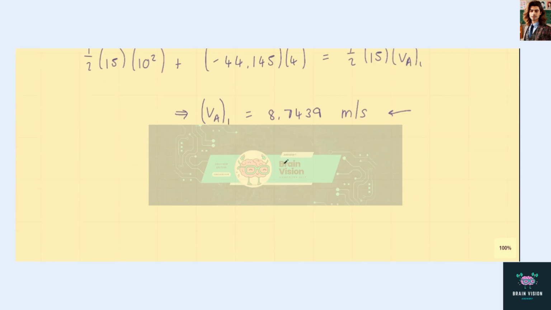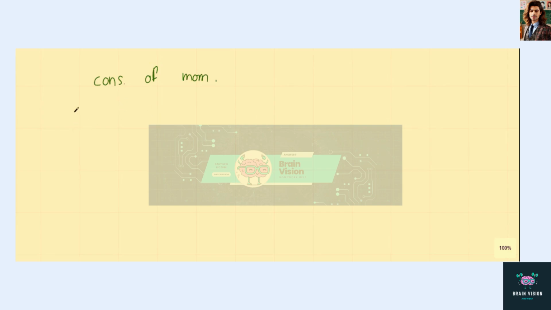Now that we have this velocity, we can use the conservation of momentum. So we'll use the conservation of linear momentum for blocks A and B. Now we'll take the left direction as positive, and the mass of block A times its initial velocity, which is its momentum just before the collision, plus the mass of block B times its velocity must equal the momentum after the collision.